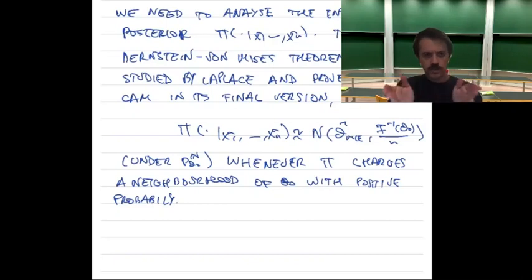If you look at the expression for the posterior and the prior is 0 at a point, even just at a single point, then the posterior is going to be 0 exactly at that point. So it makes sense that at the very least we need positivity at theta naught, and maybe on a neighborhood of it. And it's actually near surprising that that is enough.